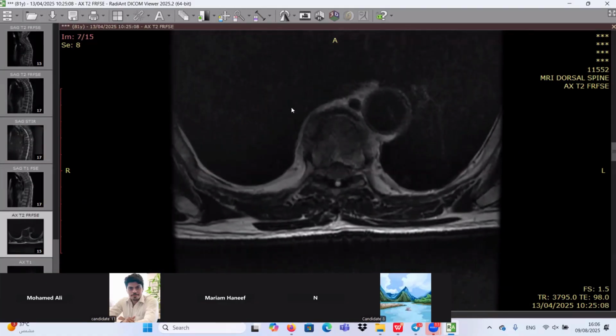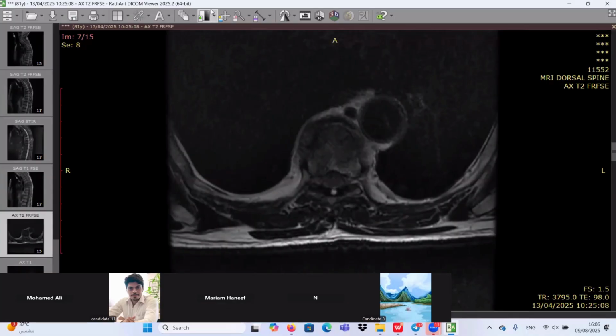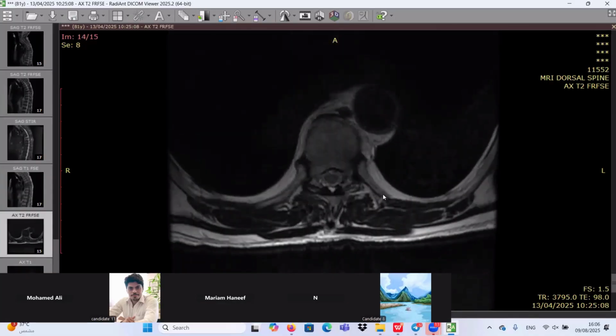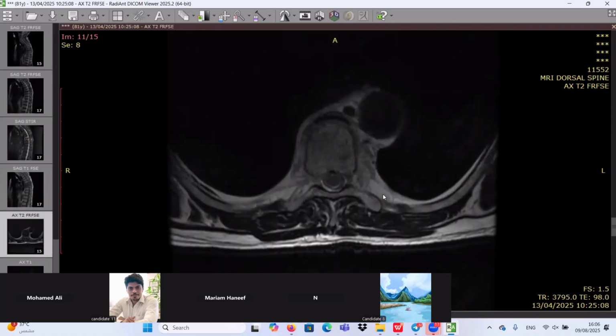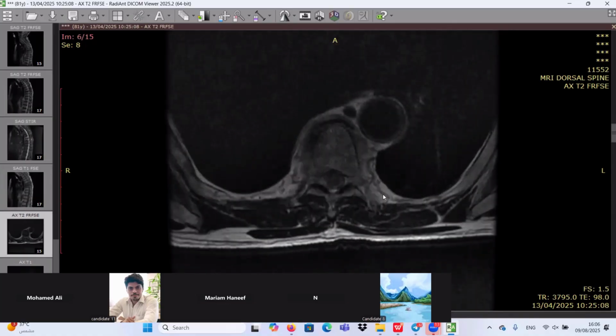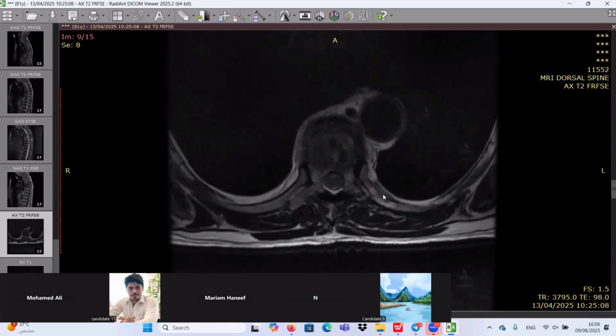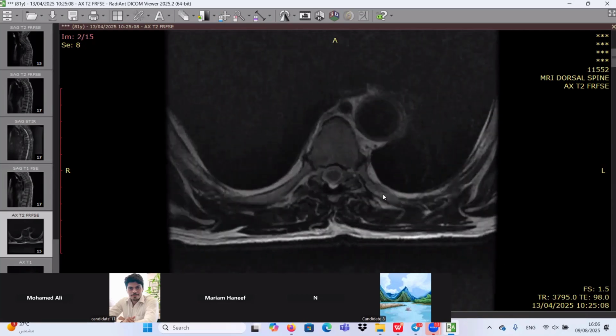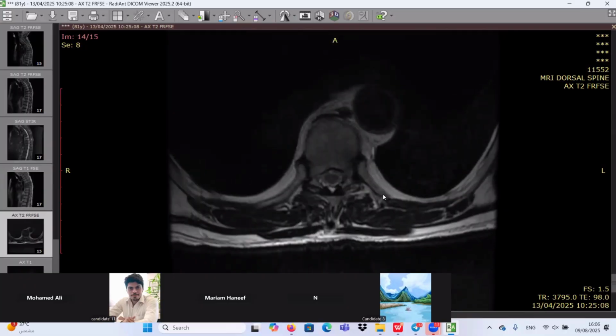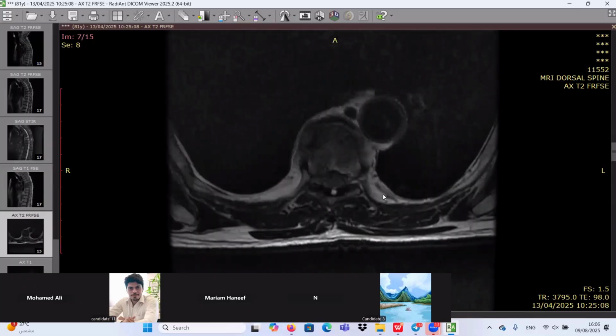This is axial STIR? This is axial T2. T2, okay. So in axial T2, okay, I can see that the vessel anterior to the vertebrae appears normal, no evidence of any aneurysms or affection.